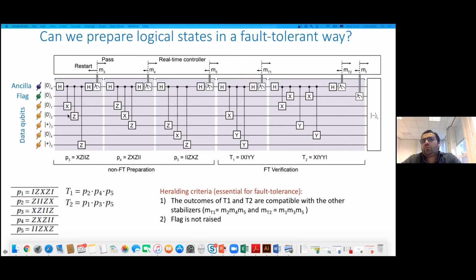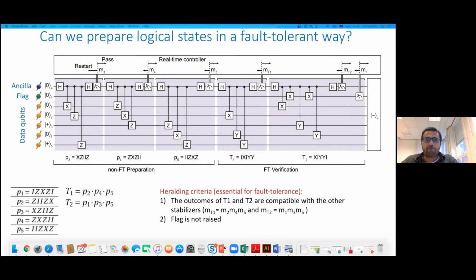In this case, we condition all the stabilizers to be +1, so the measurement outcome of T1 and T2 also has to be +1. And the second criterion is that the flag is not raised. Once we meet these criteria, we can deliver at the end of the sequence a logical state that we can still process and use for further quantum information processing. So we just herald the successful fault-tolerant preparation of the state.